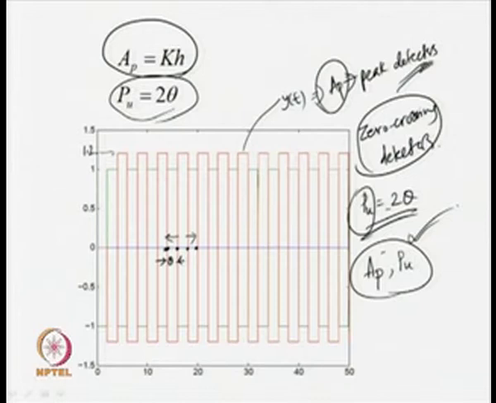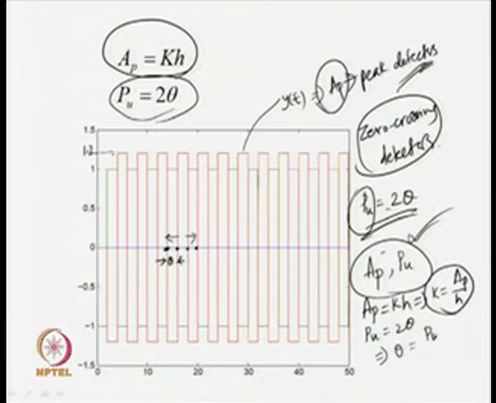Now, the relationship of A p and P u with the system parameters can be used to find the unknowns theta and k. This gives k equal to A p by h, and theta is equal to P u by 2. So, the unknowns of the transfer function model of the system, k and theta, can be estimated using A p upon h and P u by 2.